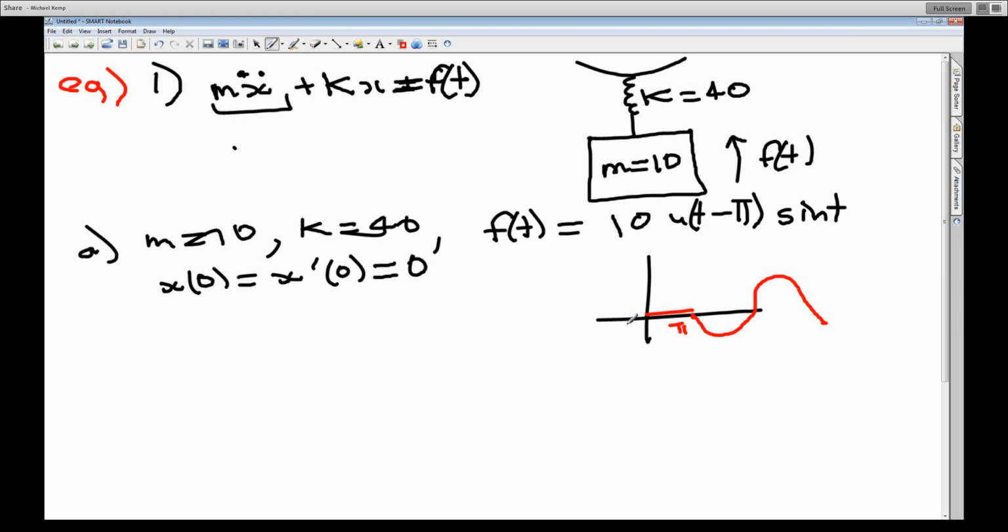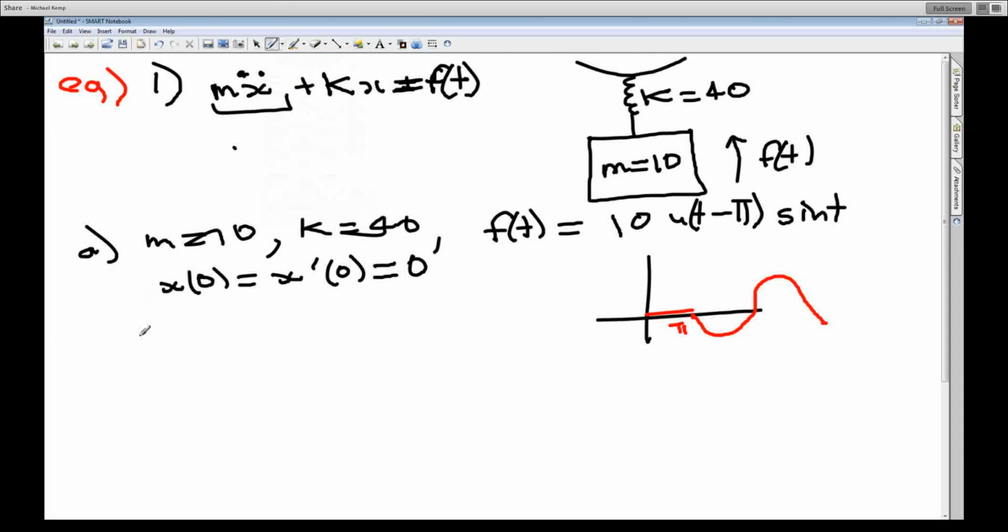So that will be the force. So you can see there's going to be nothing happening for a while, and then all of a sudden at t equals pi, you're going to start pushing down, you can push back up again, and that will move the mass a bit. And then the spring will start causing some other sort of motion.